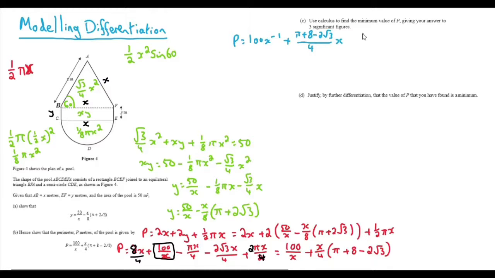When we then differentiate, so we get a dp over dx, coefficient times power, you're going to end up with minus 100, and then x to the minus 2, and then this will just be plus that coefficient, because when you have x to a single power, that x just disappears. So again, you have this pi plus 8 minus 2 root 3 over 4.